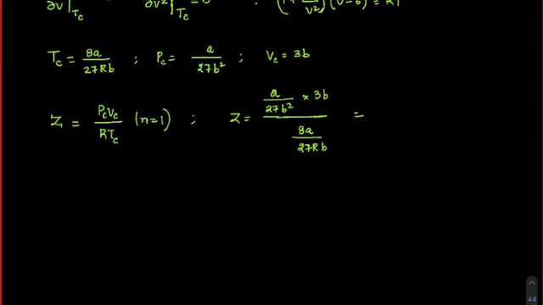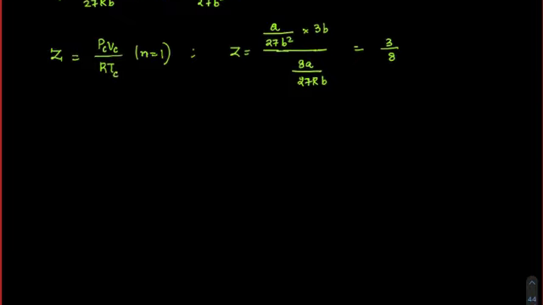We will be left with 3 by 8. You can see the rest are all getting cancelled, and I get 3 by 8. This implies that it is less than 1. What does that represent?